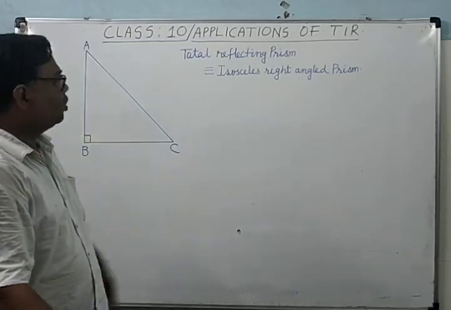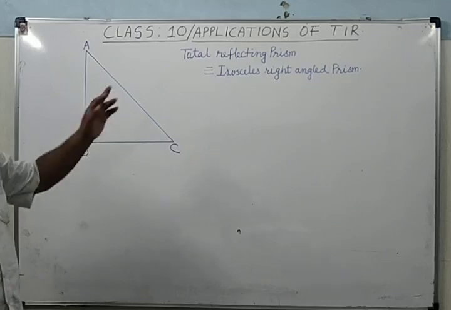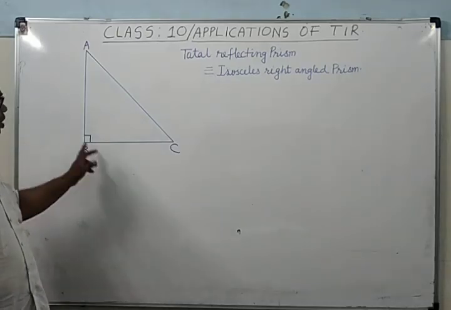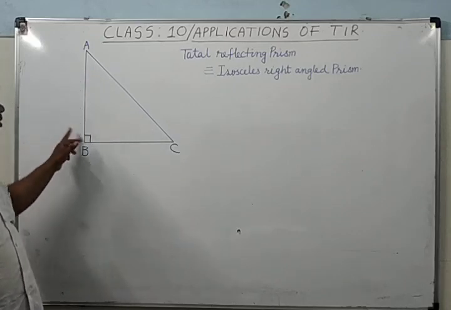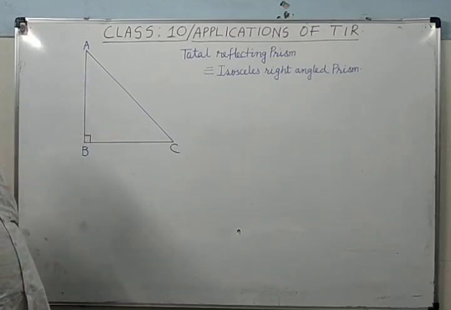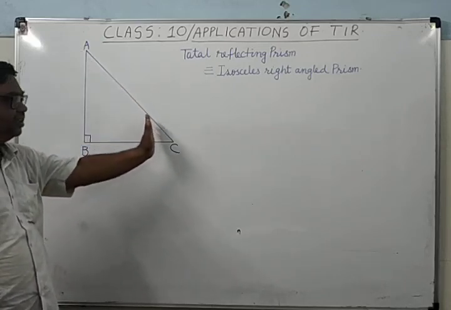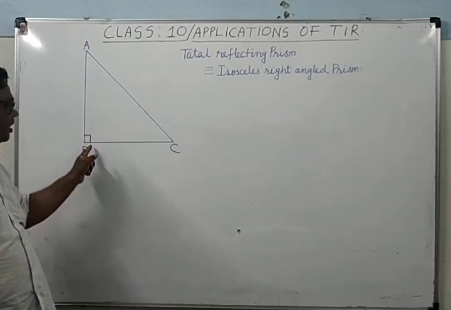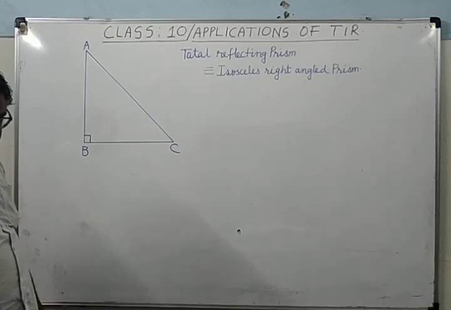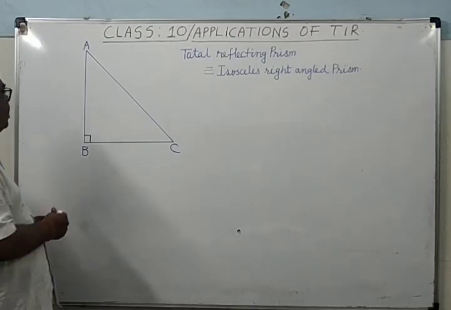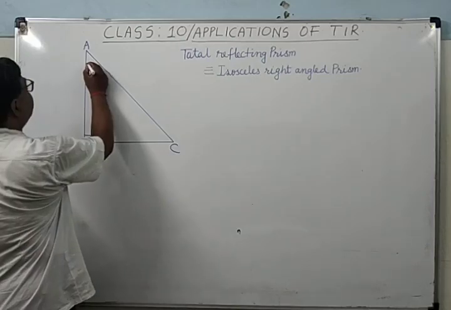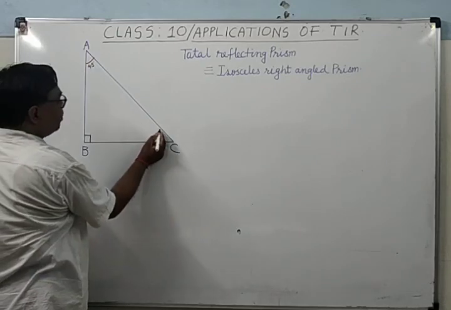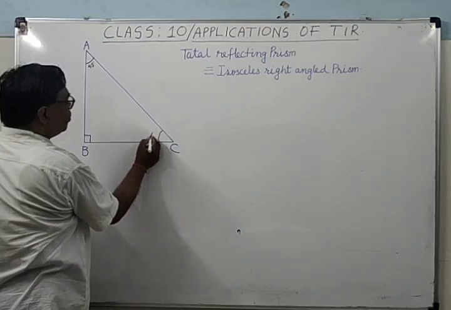But now I am going to discuss the isosceles right angled prism. In an isosceles right angled prism, two faces BC and AB are of the same size, while this face AC is of bigger size. This angle is 90 degree, and since it is isosceles, the remaining two angles will each be 45 degree.